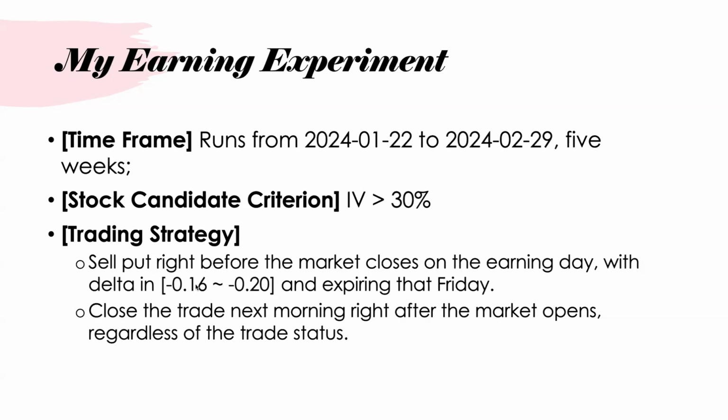The trading strategy is to sell put right before the market close on the earnings day with delta between minus 0.16 and minus 0.20. And the expiration date is that Friday. I would close the trade next morning right after the market opens, which means I have to get up before 6:30 a.m.